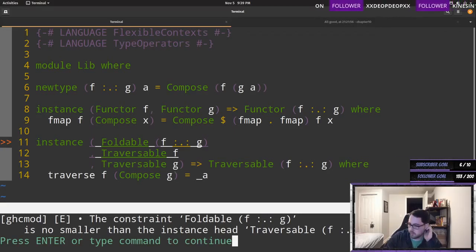The constraint Foldable is no smaller than the instance head.